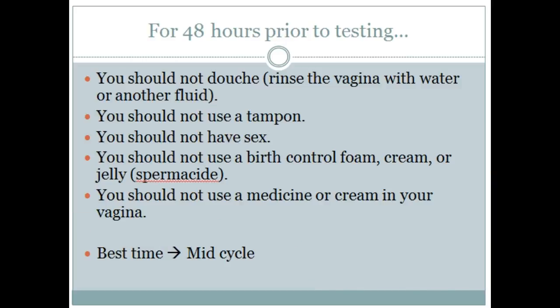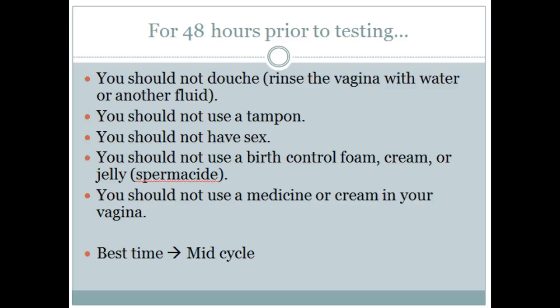So 48 hours prior to testing for a Pap smear, usually women are just going to come in and say, here I am, I'm ready for my Pap, and you won't have had a chance to mention any of this. So take it with a grain of salt. This is to the extent that we're able to affect how they come in.